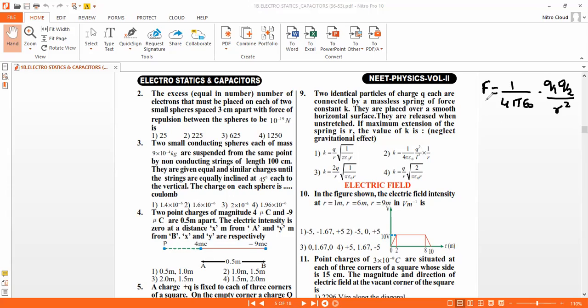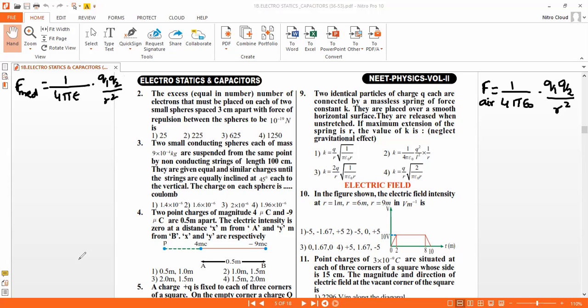We can also write this as F air. F medium, I can write as 1 by 4 pi epsilon times q1 q2 by r square.